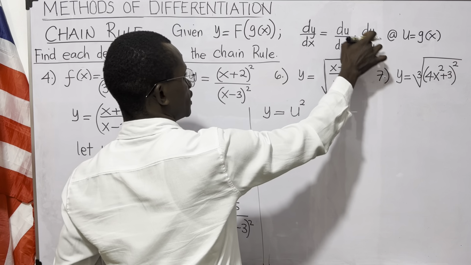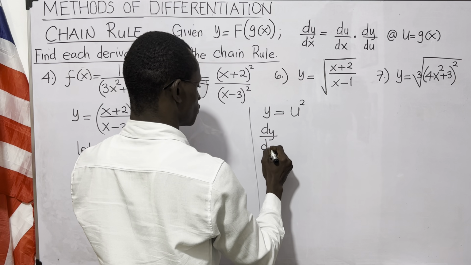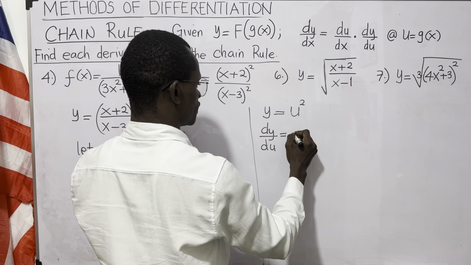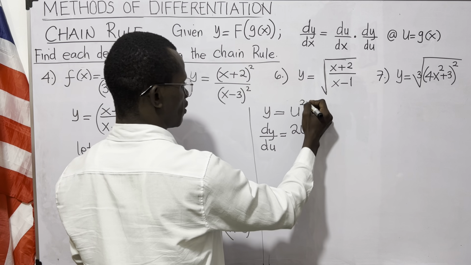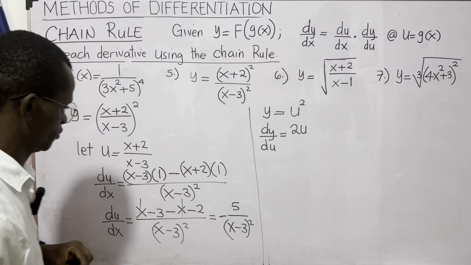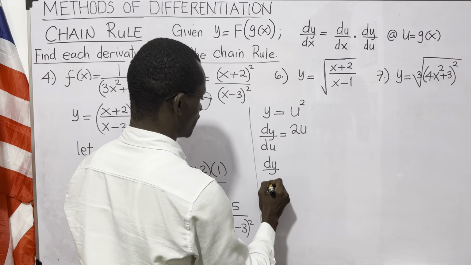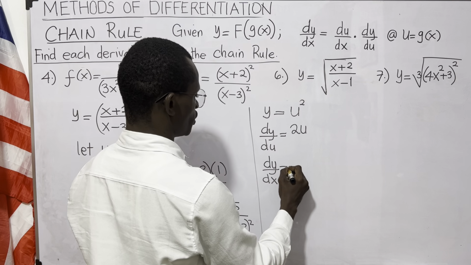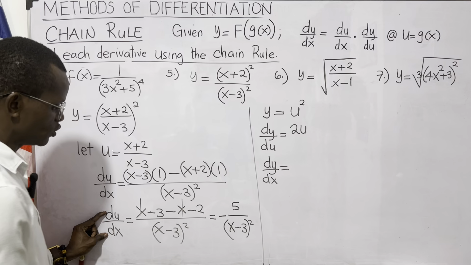So what do we need to find? dy by du. So what is this? This is 2u, right? Taking 1 from the power is just equal to 1. So now we can find our final answer, which is dy by dx, which should give us the product of du by dx and dy by du.